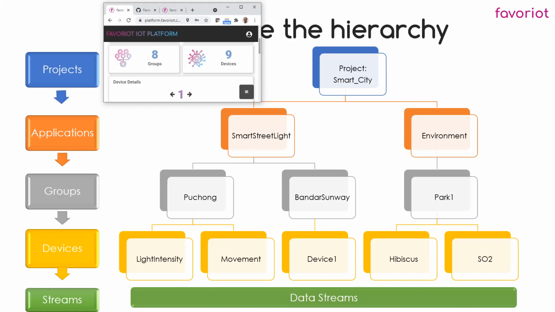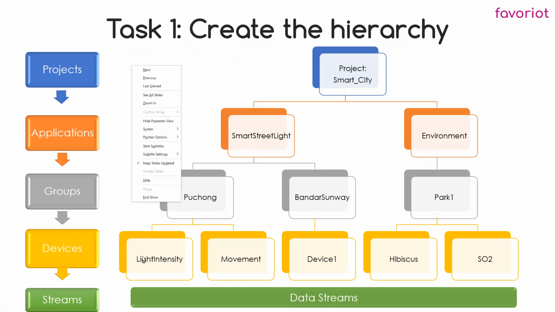Dr. Gobi, yes, so we do need to add in the devices. Under the light intensity, these are the devices: light intensity, movement, device one. So this is the device name, and then you need to tie it to a group.